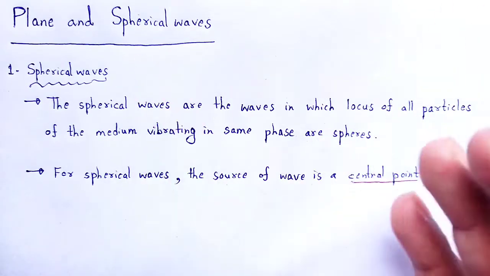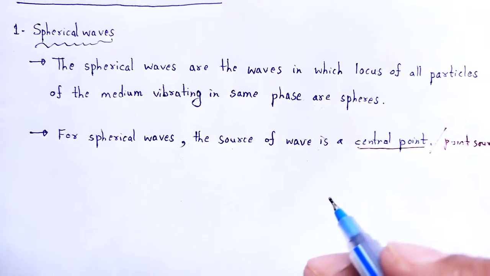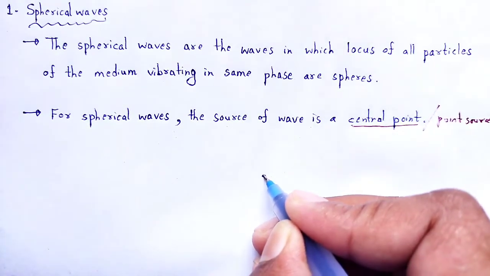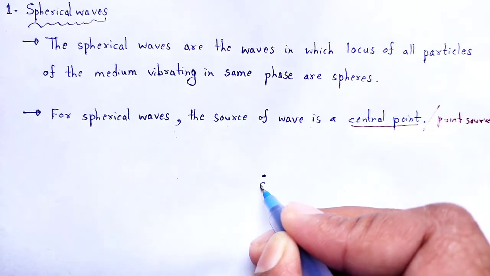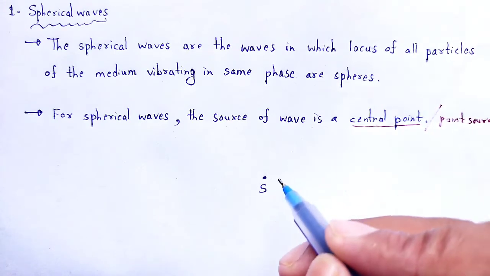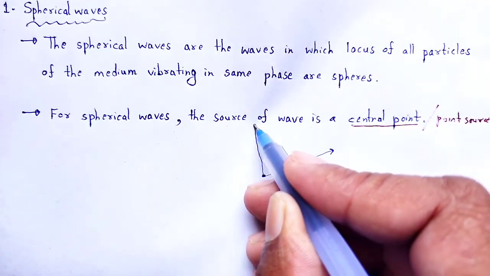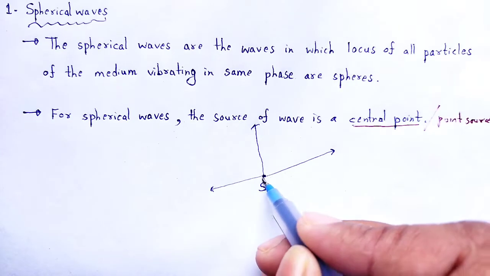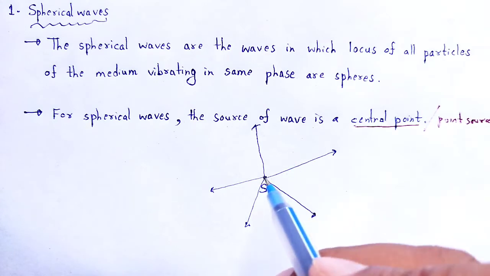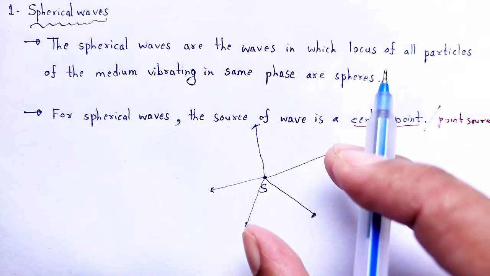So, how are spherical waves created? Let me consider a point source of light S, which sends out waves in all directions. The medium is homogeneous and isotropic.